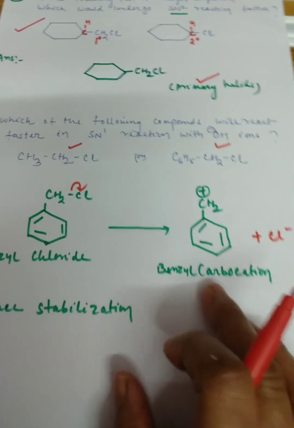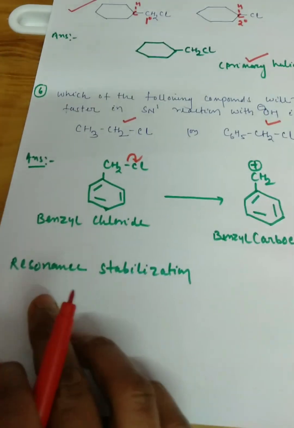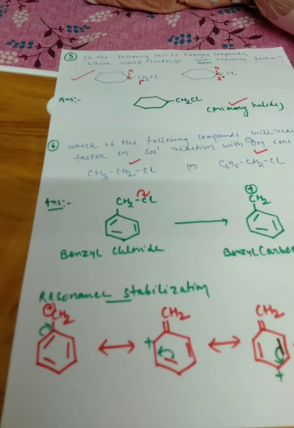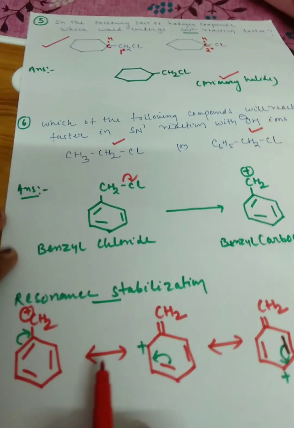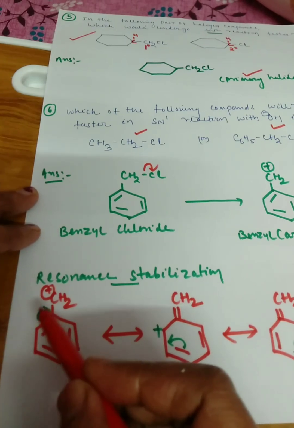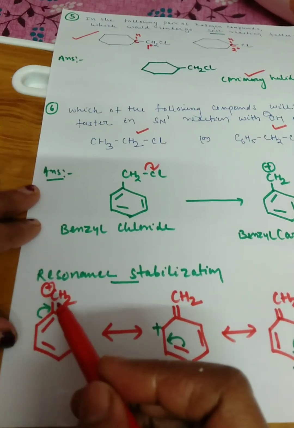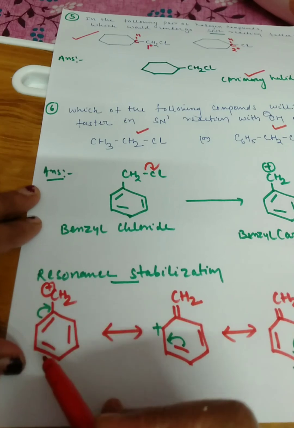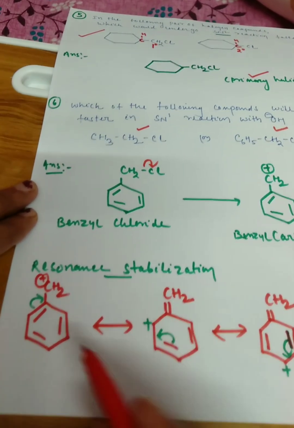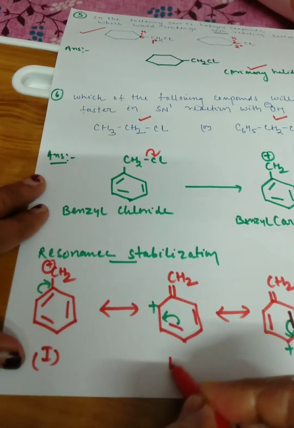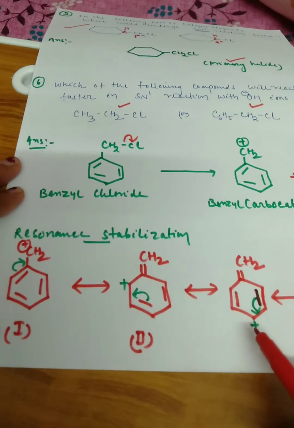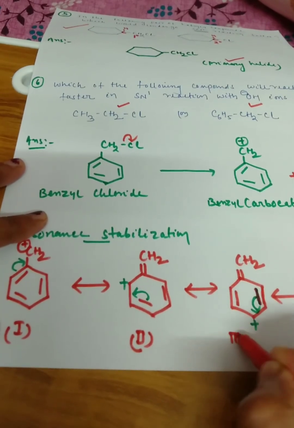Now in the benzyl carbocation, resonance stabilization takes place. So we'll draw the resonance structures. If we displace a bond to this position, there is a double bond now, this positive charge is satisfied, but a deficiency occurs here, so you get a positive charge here, and this is the first structure. Next, resonating structure 2: again the bond goes to this position, deficiency occurs here, positive charge here, and this is the third structure.